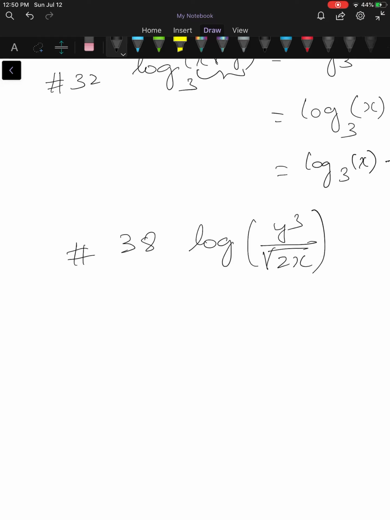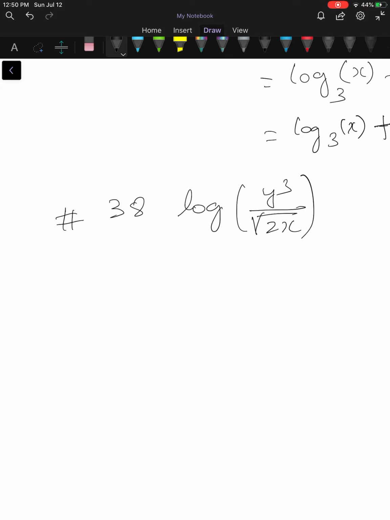So if there is no base written, that would be a common logarithm, that is base 10, right? We learned that in the previous video. So yeah, now to expand this, you can see you have something in the division or fraction format. So what we can do here is apply property or law number 2.